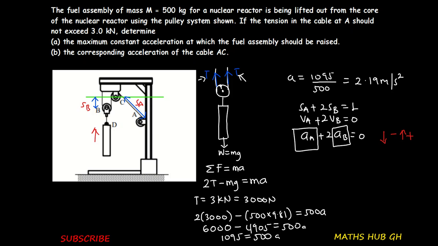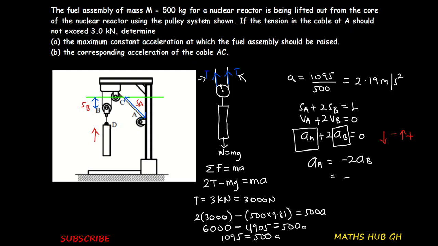So let's look at what we are going to do. Finding AA, we are going to have AA to be equal to minus 2AB. So let's do the substitution. AB is the maximum acceleration that we found, which is the 2.19 meters per second squared. And it is going upward, so it is positive.